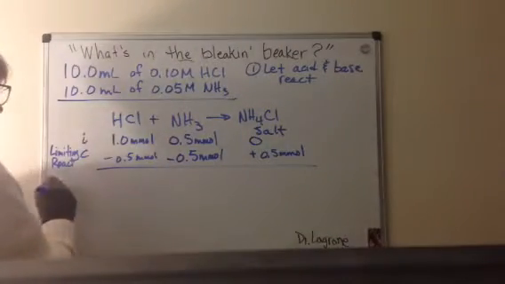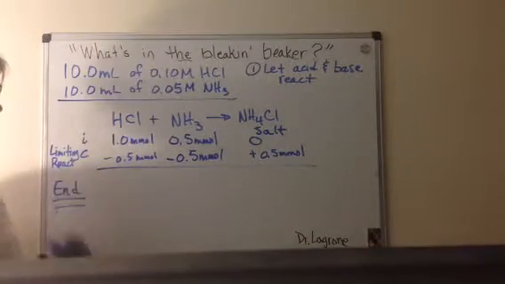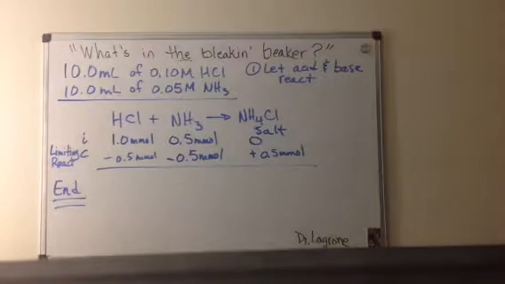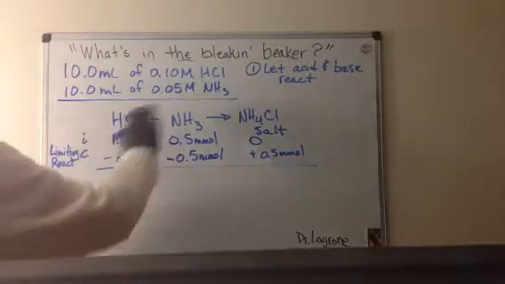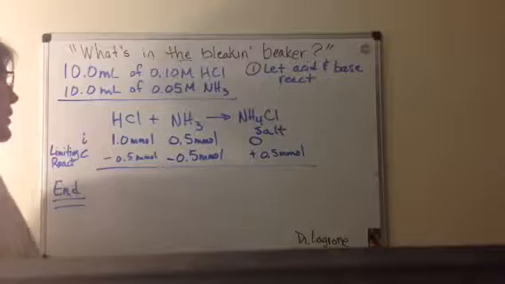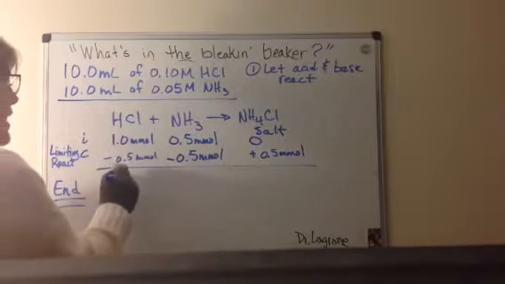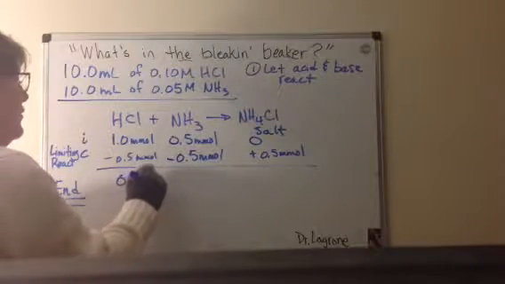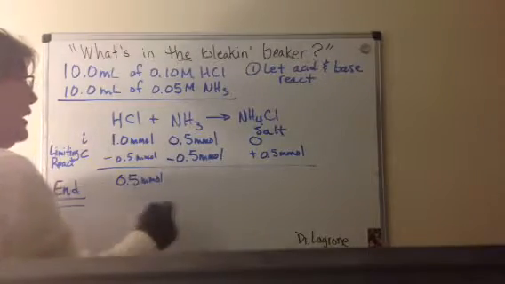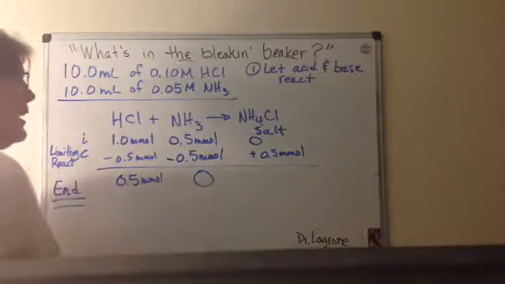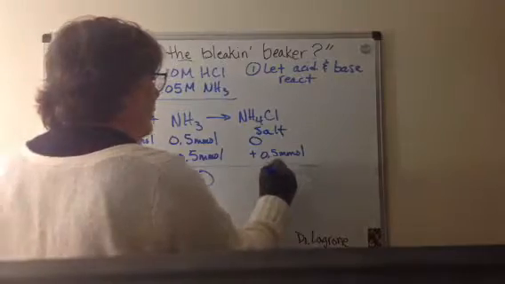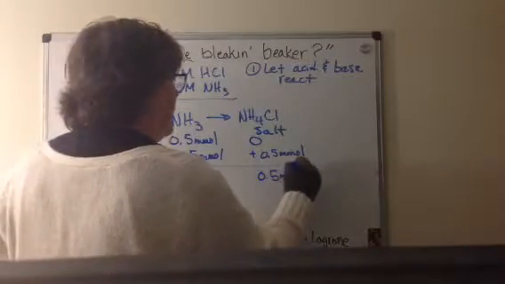And then at the end, this is not equilibrium. This is just the end of the reaction when it's all said and done, when I've let the acid and base react. I have 1 minus a half, which is a half of a millimole of HCl left. I don't have any of the limiting reactant left, and I have formed half a millimole of the salt.